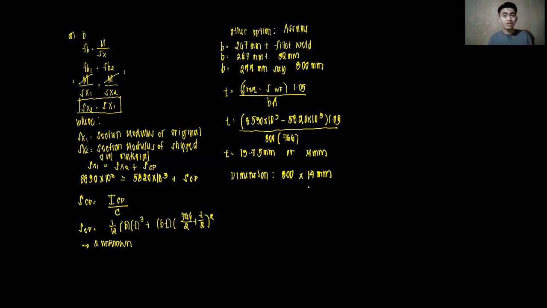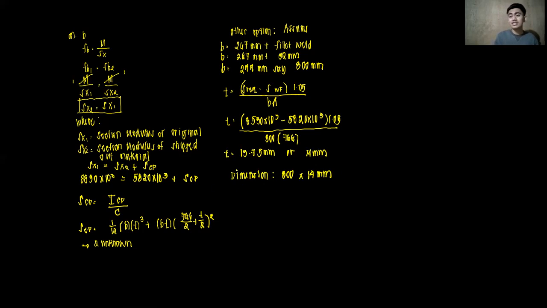However, we cannot yet say that this is the final dimension because we still need to check if our computation is correct. We have to check if the section modulus of this dimension plus the section modulus of this is greater than the original, so that we can consider the cover plates safe.